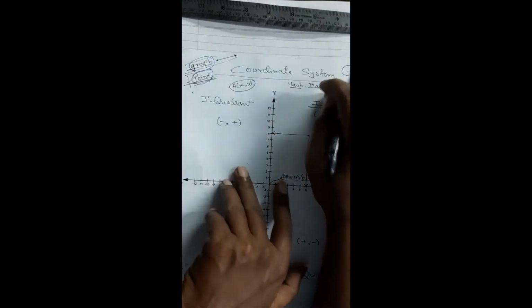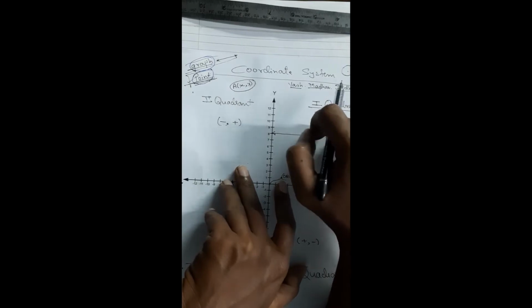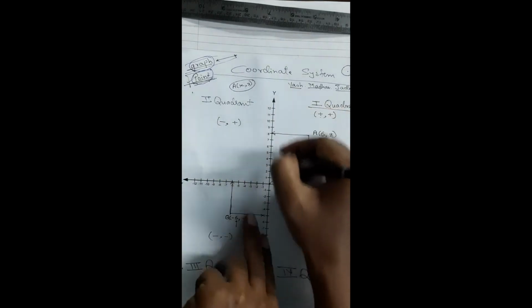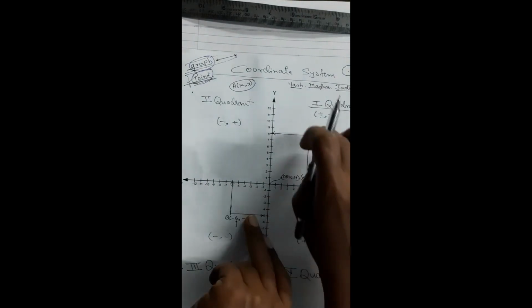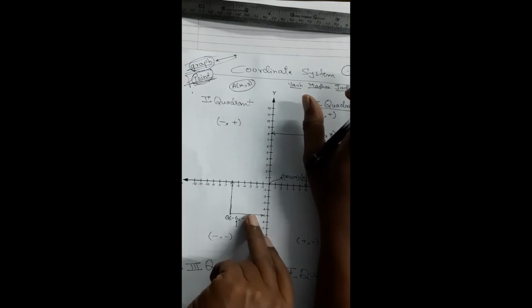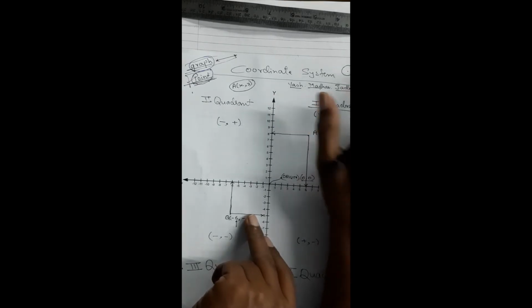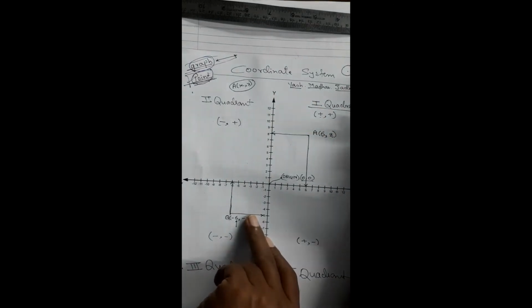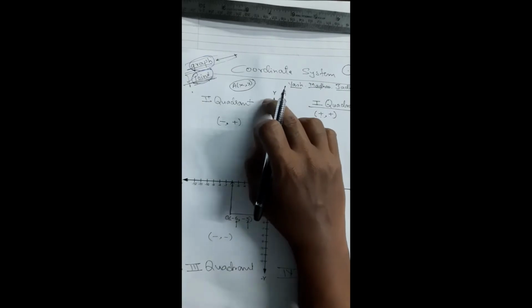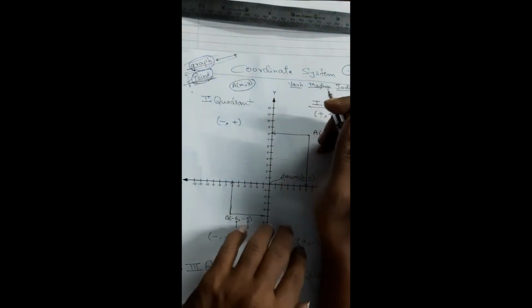Similarly, the coordinate system has only two locations. A point can be anywhere in the quadrant, or it will be on the axis. These are the only two locations possible. Afterwards, we go one step ahead and understand, if it is on the axis, what are the conditions, or what is the way the point is written.